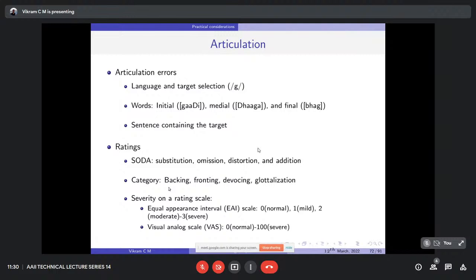The easiest approach is the severity on a rating scale. If the person has a pronunciation disorder, how severe it is. It may be on an equal appearance scale, that is 0, 1, 2, 3, or a visual analog scale, that means 0 to 100, or any continuous score. So these are about the articulation disorder.